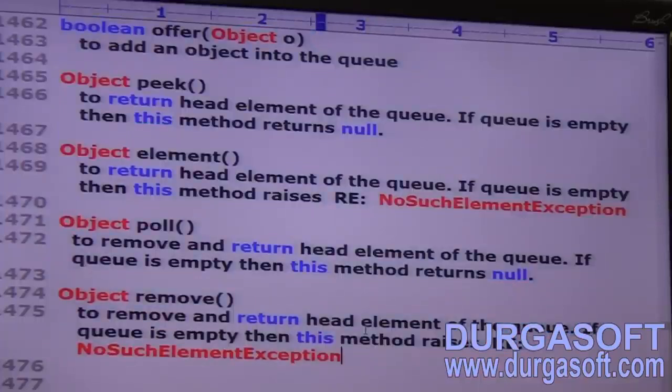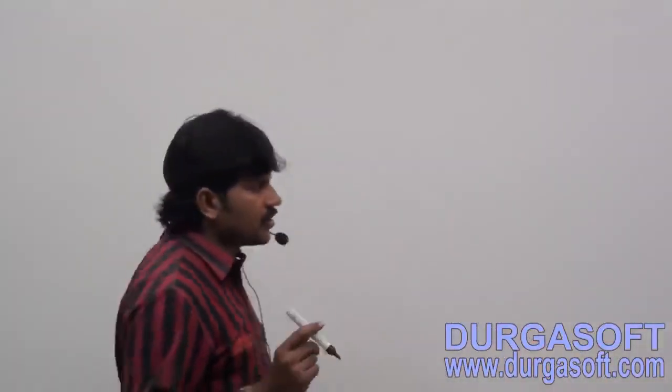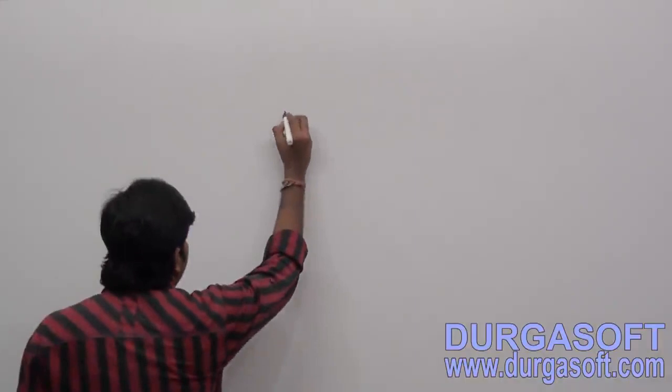Okay, that's all. Now the next terminology. Make sure of the first implementation class of queue. What is the first implementation class? Of course, we are going to discuss only one class.